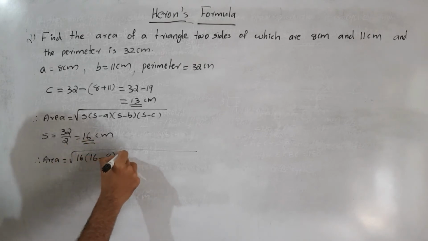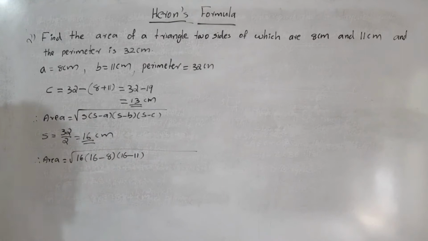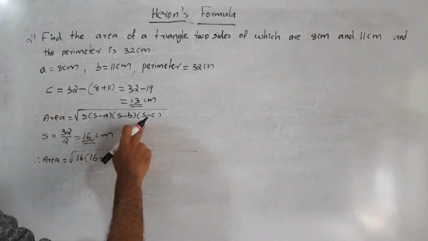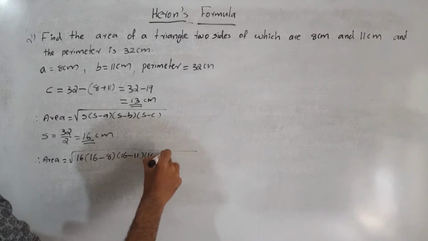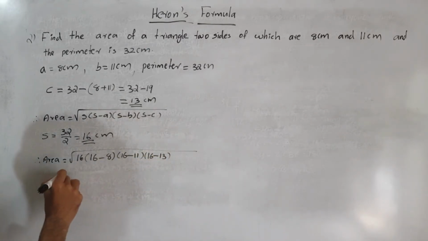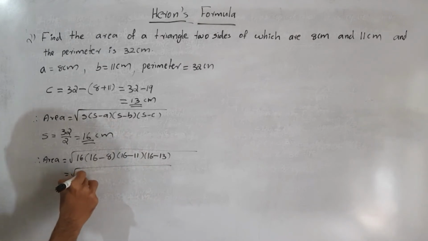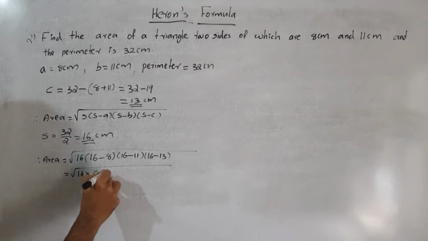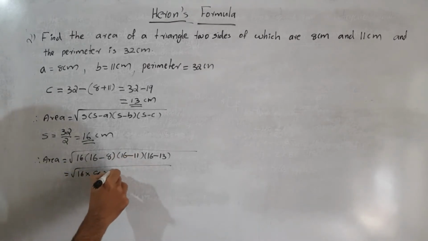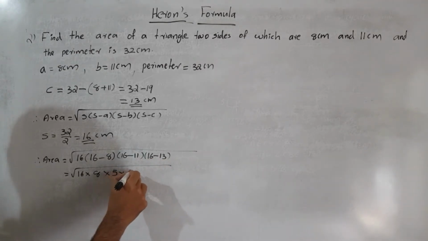S is 16. 16 minus 11 into S minus C. S minus C means 16 minus 13. Then is equal to root of 16 into 16 minus 8 is 8 into 16 minus 11 is 5 into 16 minus 13 is 3.